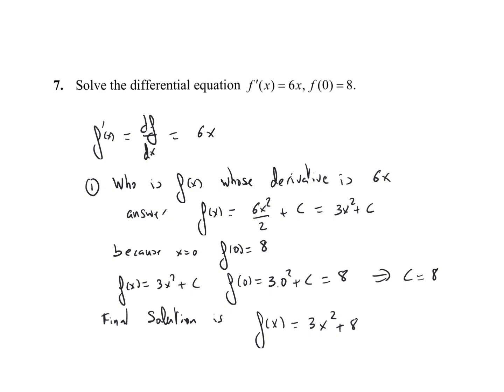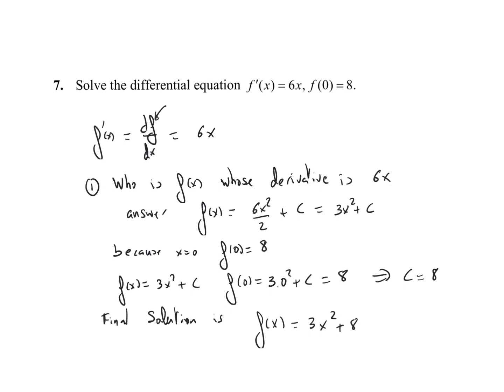So the equation they are giving us is that the derivative of f with respect to x is 6x. They are asking us which f, when you take its derivative, gives 6x. So who is f of x whose derivative is 6x?